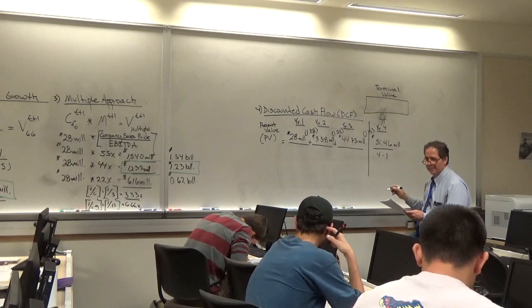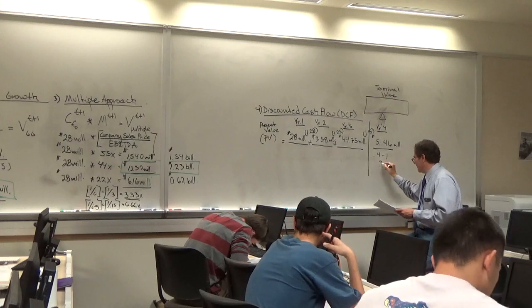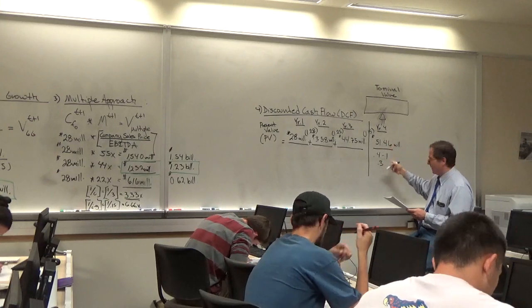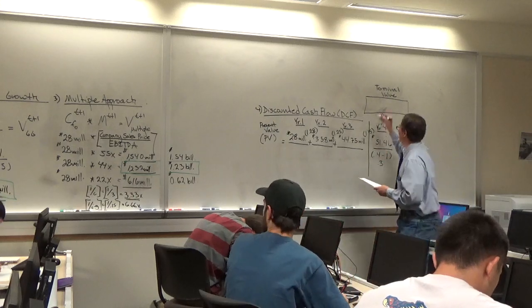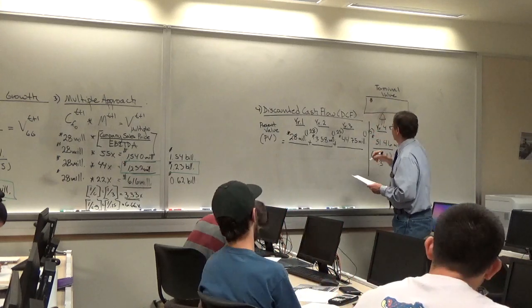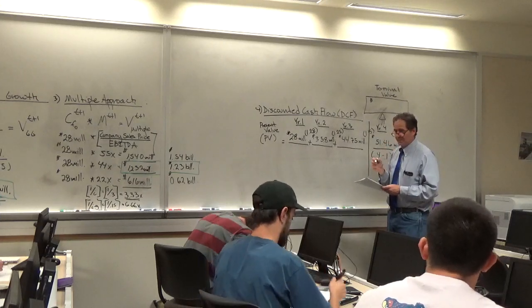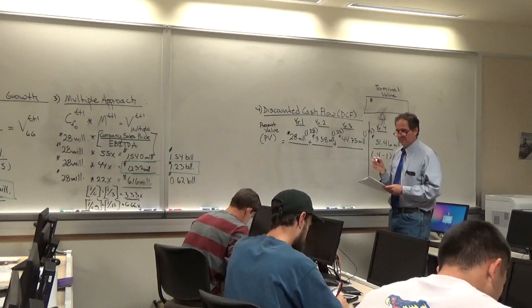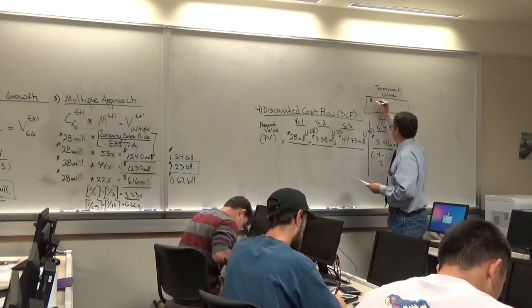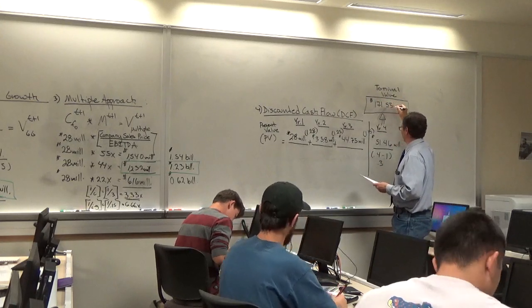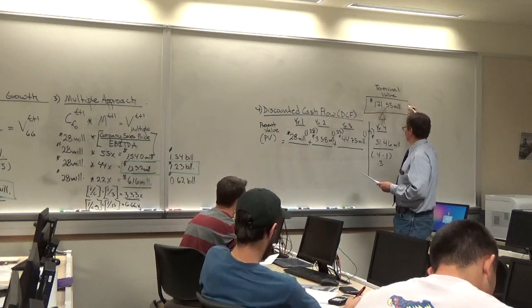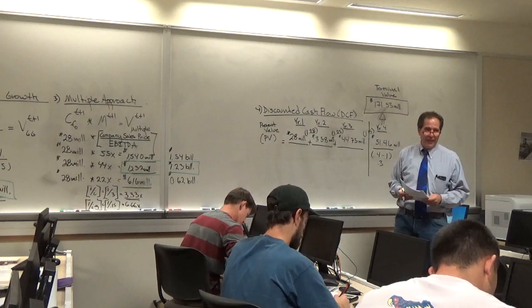Bam, what do you get? 0.3. Got it. And what's 51.46 divided by 0.3? $171.53 million. Got it. Okay, what do we do with that?